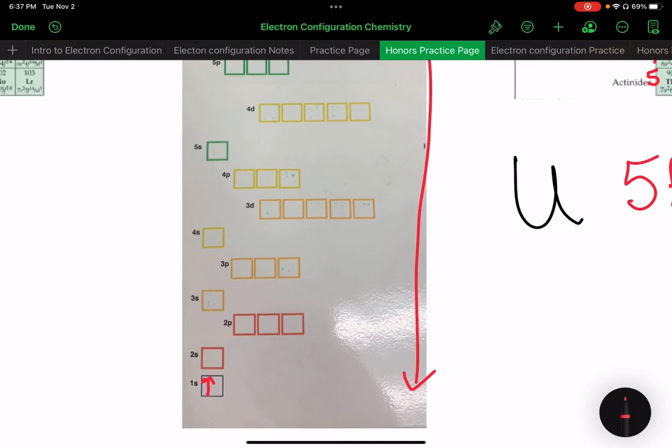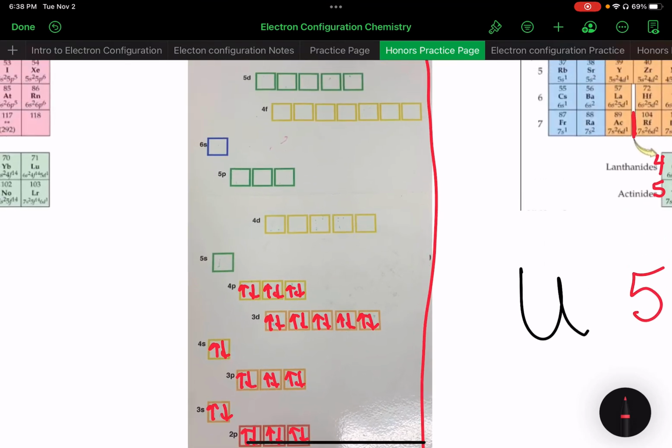Okay, so up, down, filling in all our arrows. Anyway, here we go. We're still not there yet. Nope, keep going.